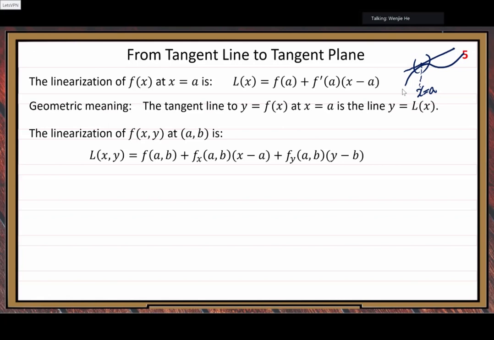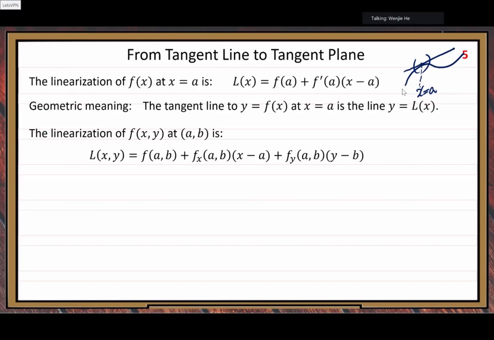Remember that disk D with (a, b) as its center. You consider there is a disk around this point (a, b). So first, take the value at the center point.